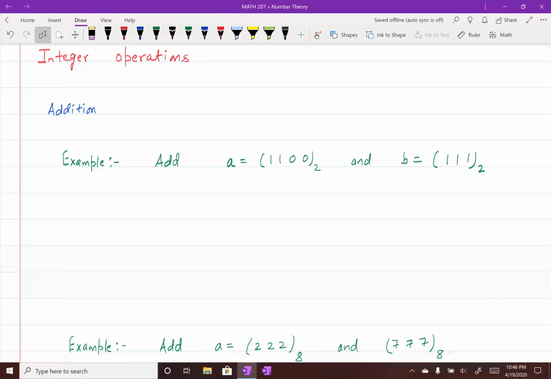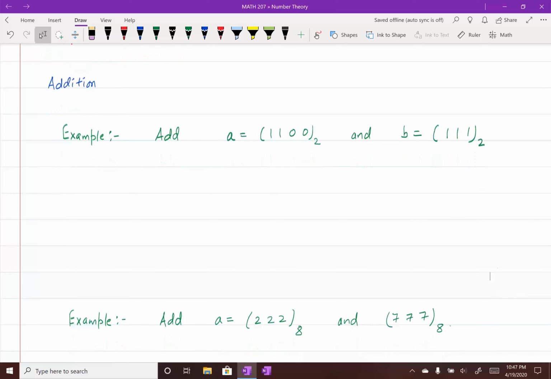The first is your addition. So you can add 2 base b expansions together. So in this problem you have to add a and b, which are given in a binary expansion form.